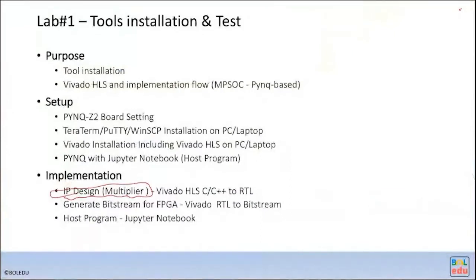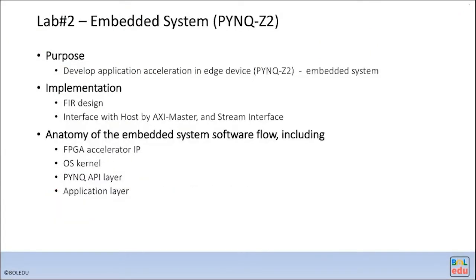So that's lab one. And in lab two, you develop a very simple HLS code, basically a FIR filter design, and run it on the Pynq-Z2.